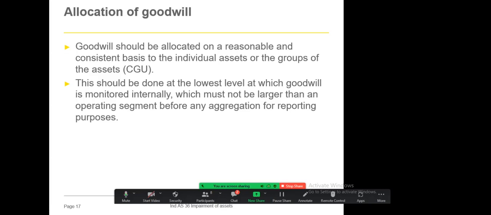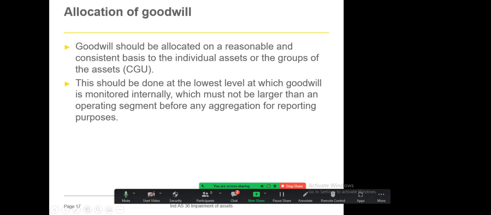So how will we impair the goodwill? We will impair the goodwill by allocating the goodwill to an individual asset or to a group of assets on a reasonable and consistent basis. What could be that reasonable and consistent basis? This should be done at the lowest level at which the goodwill is monitored internally, which must not be larger than the operating segments before an aggregation of reporting segments.